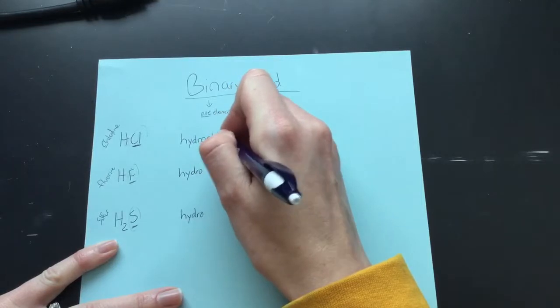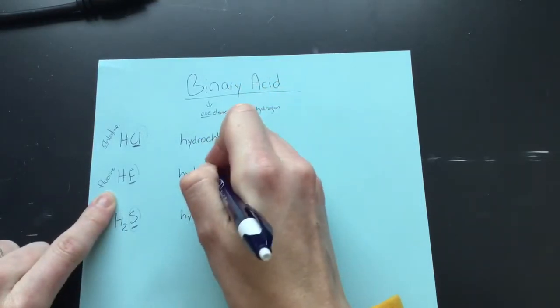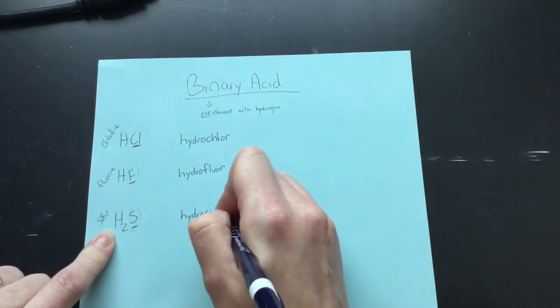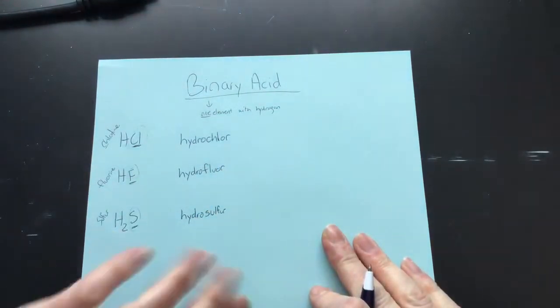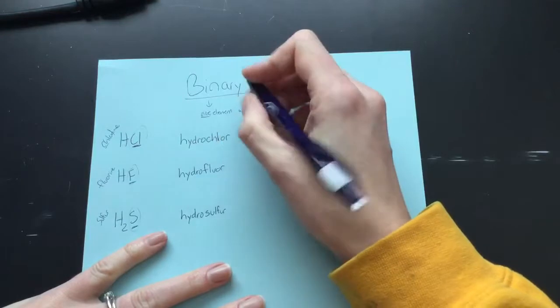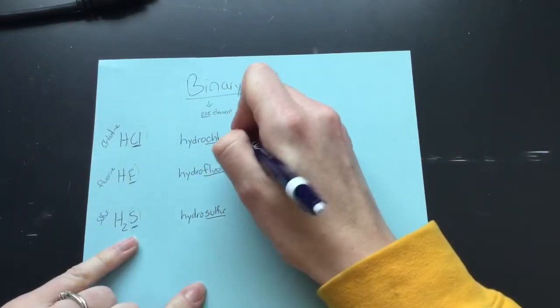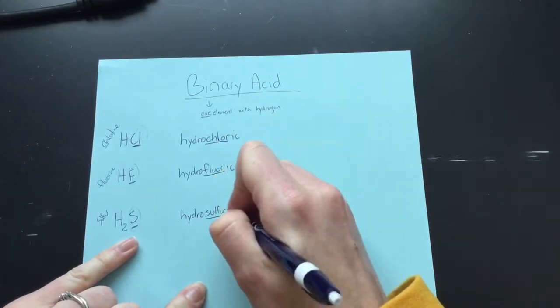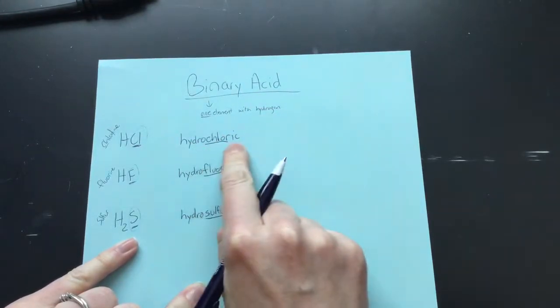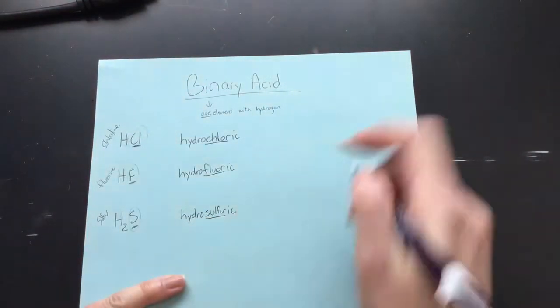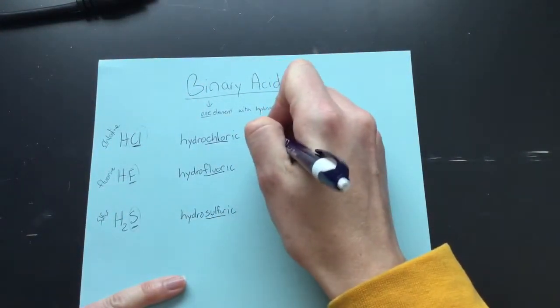So I'm going to take chlor, and here I'm going to take fluor. I'm leaving off the end here. Sulfur's odd. I'm just going to keep the whole sulfur. And then the next thing I do is I add ic to the end. Hydrochloric, hydrofluoric, hydrosulfuric. See the pattern there? And then acid.